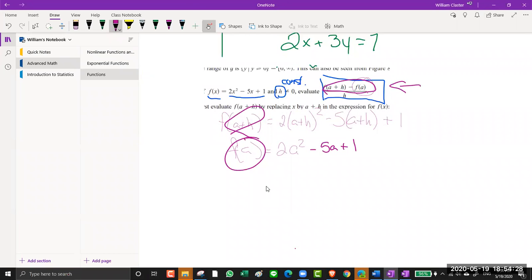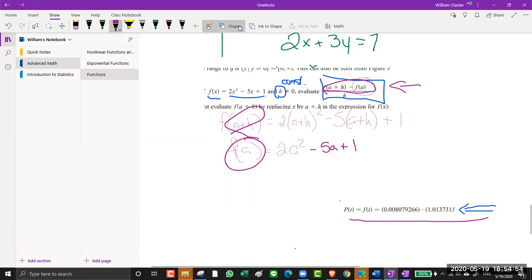Why can't I do it this time? I was able to do it before. Okay, what kind of function is this here? Exponential function. Yes, it is an exponential function.